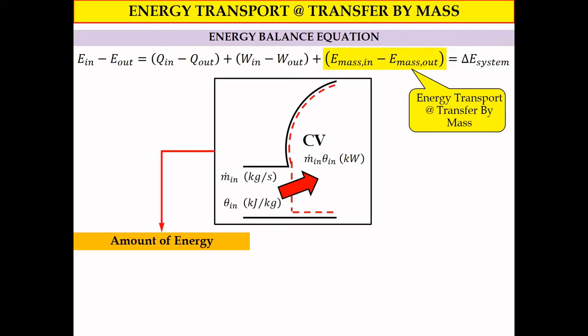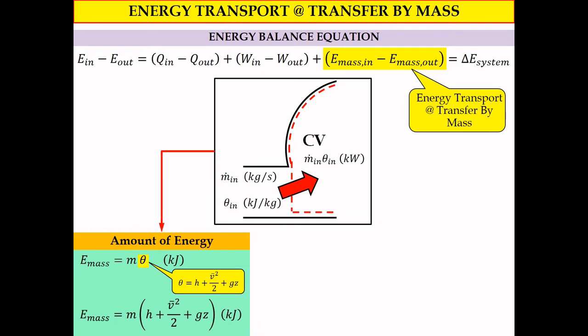The amount of energy that enters the control volume due to the flowing fluid is referred to by the symbol E mass, and the formula is E mass equal to mass multiplied by the total energy of flowing fluid theta in kilojoule, where theta equals enthalpy plus the term for kinetic energy and also the term for potential energy.